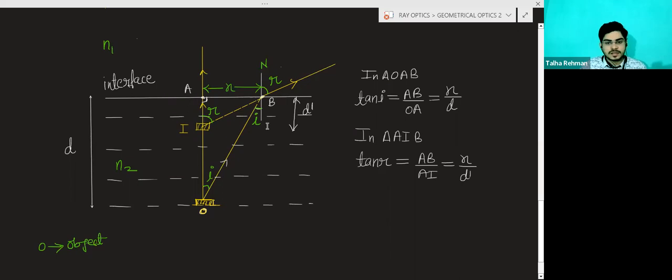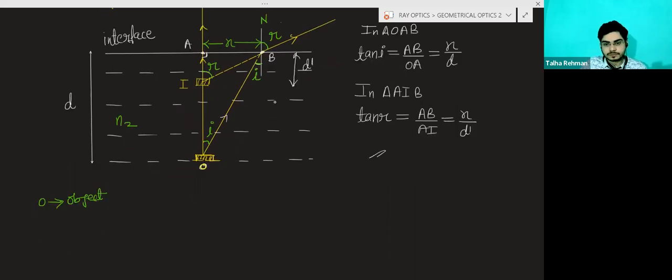So we have tan I and tan R. Now at this interface, apply Snell's law.